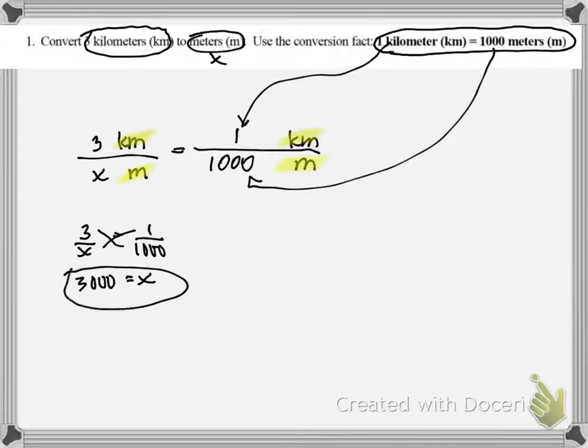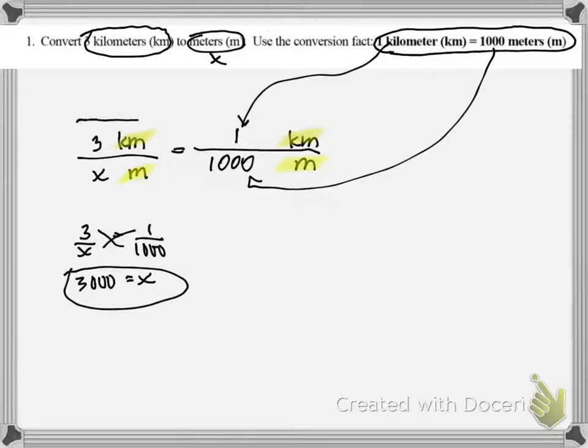Now I mentioned in my other video that many of my students say, hey, I could probably do this without setting up a proportion. I could just multiply 3 by 1,000 and get the answer. And that's absolutely true. But remember, the only reason we're putting this unit conversion part into 3.2 is to reinforce this skill of solving proportions.